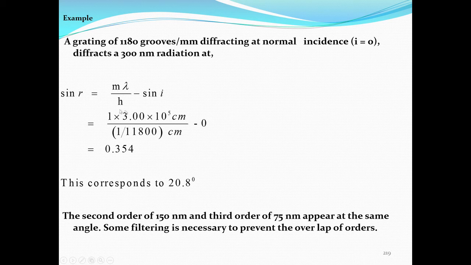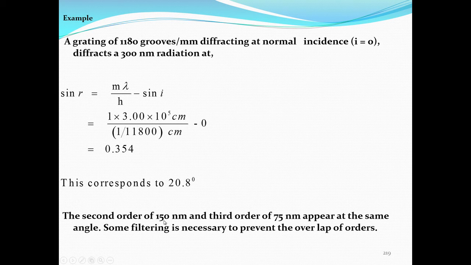So, m lambda by h is what I get here, converted into centimeters, and then 1 into 3 into 10 raised to 5 divided by that, converting everything into centimeters. What comes out is 0.354, and this corresponds to 20.8 degrees exit angle.